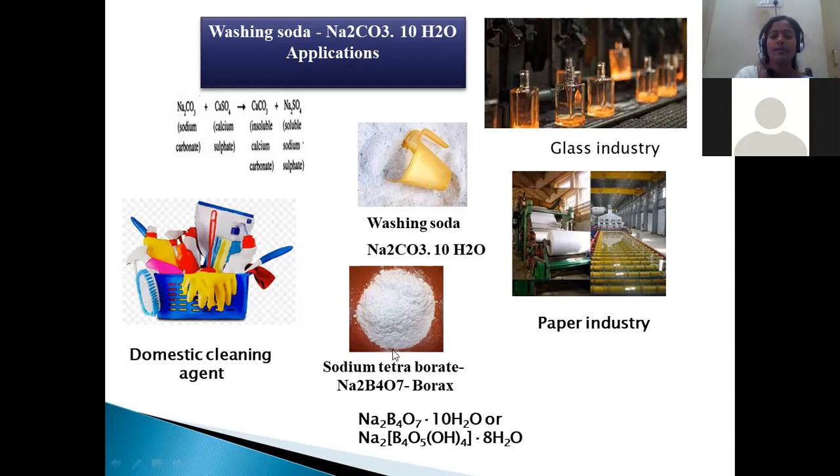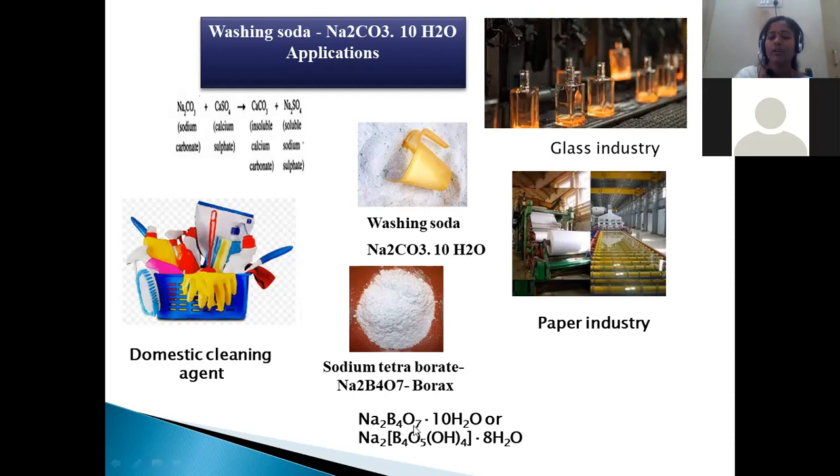And next is about sodium tetraborate. Washing soda is the starting material for the synthesis of sodium tetraborate, which is commercially known as borax. Everybody knows borax is an essential insecticide and is even used in so many industrial processes. It is made up of Na2B4O7. The starting material for the synthesis of borax will be sodium carbonate decahydrate.